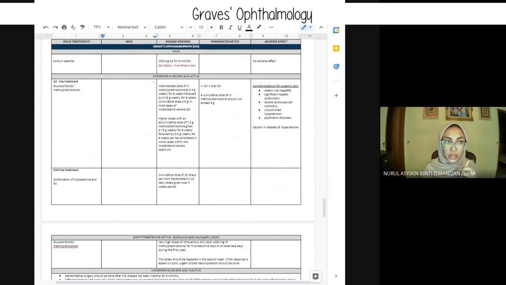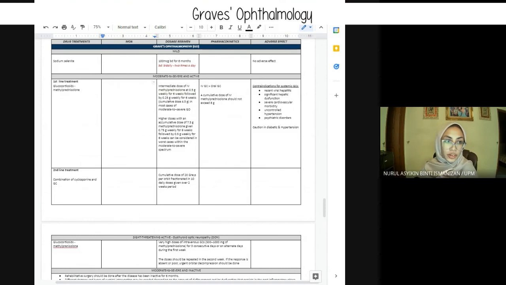For the pharmacokinetics of this first line treatment, it is stated that intravenous glucocorticoids have more action than oral glucocorticoids. And the cumulative dose of IV methylprednisolone should not exceed 8 grams.